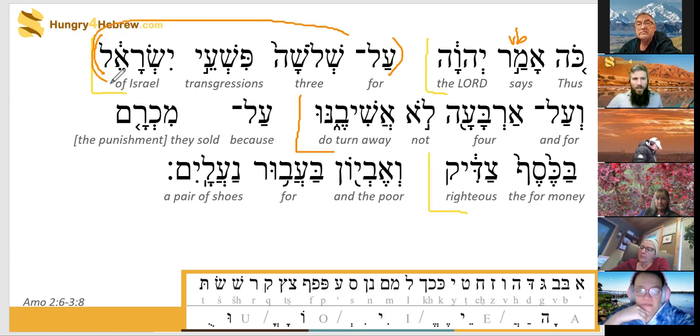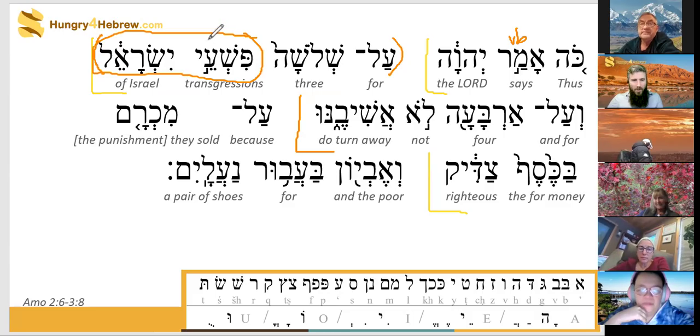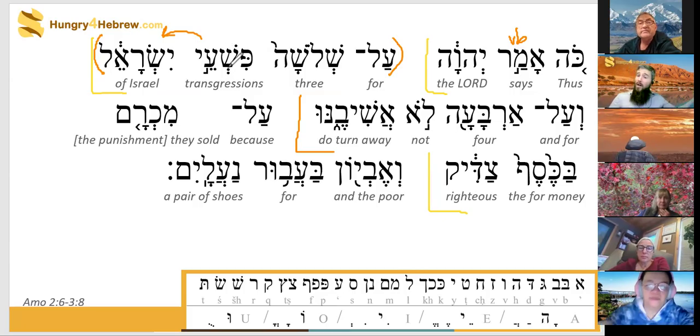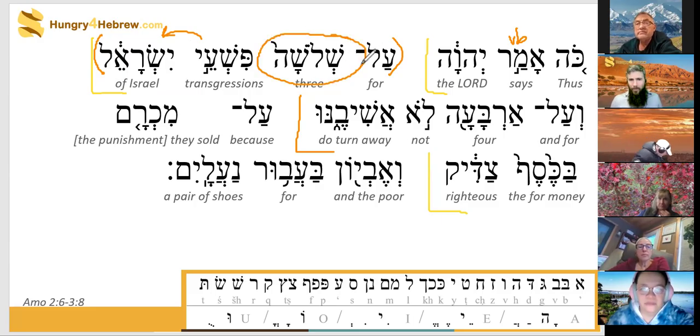Is this a construct chain? Answer carefully. Yes. Pish'ei Yisrael. Very good. Pish'ei Yisrael is a construct chain. This ends in a tzere yod, so it's the transgressions of Yisrael, Israel. And then, so what's the shlosha doing out here? Is it an adjective?